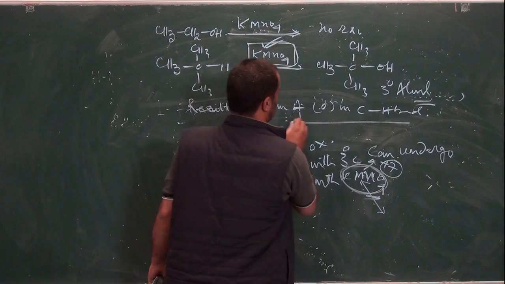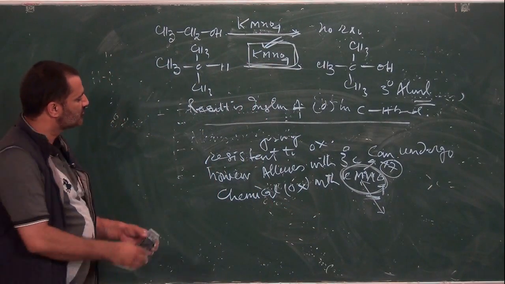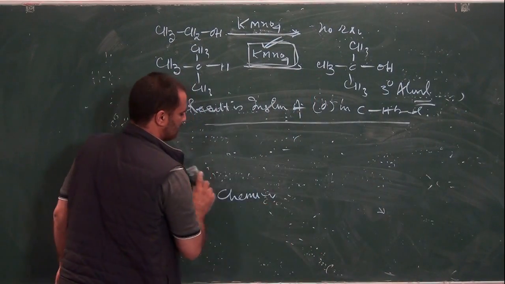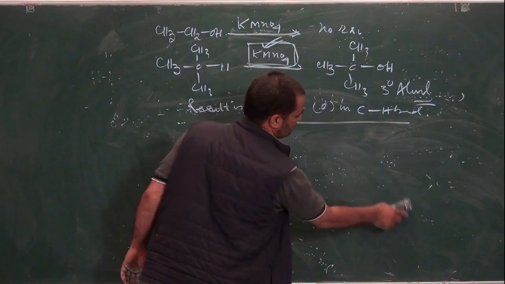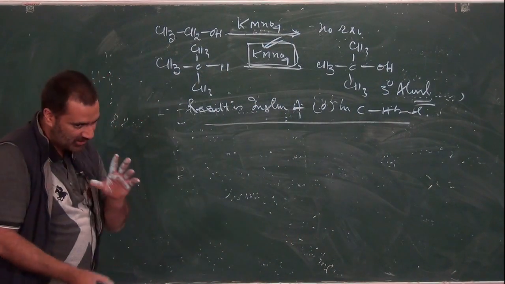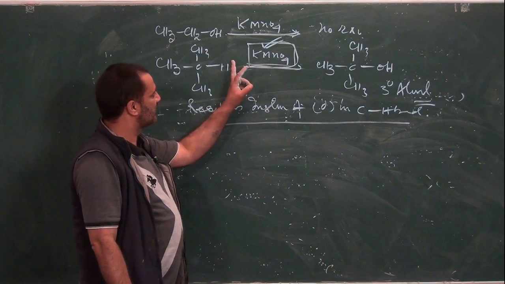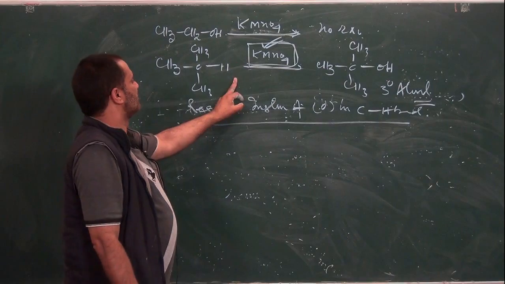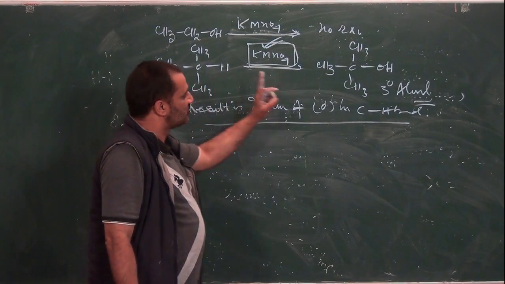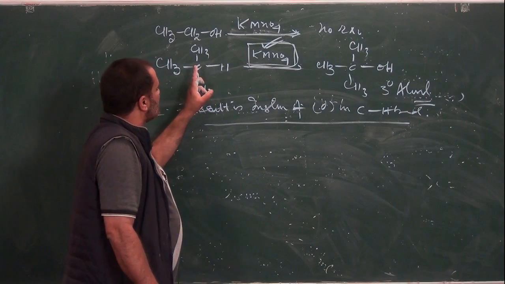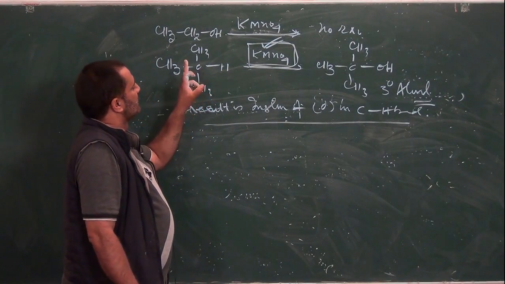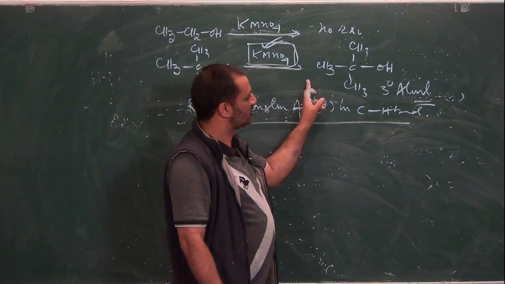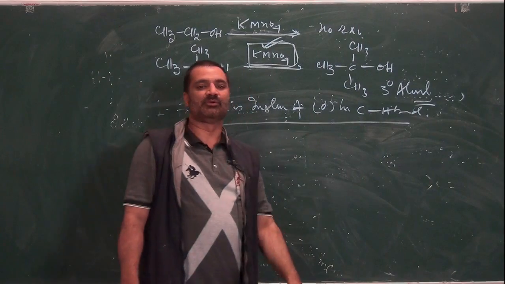So this was the preparation of alcohols from alkanes. I will repeat, only one method can be used, that is this chemical oxidation. By chemical oxidation you can convert only those alkanes which have a tertiary carbon into alcohols, and an alkane with a tertiary carbon can be oxidized to a tertiary alcohol by KMnO4.